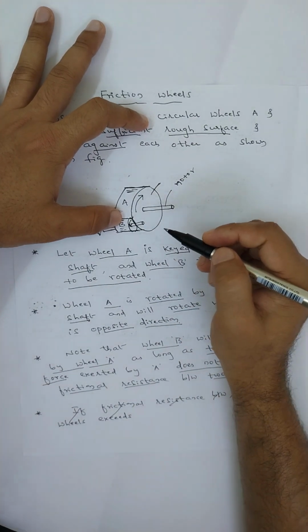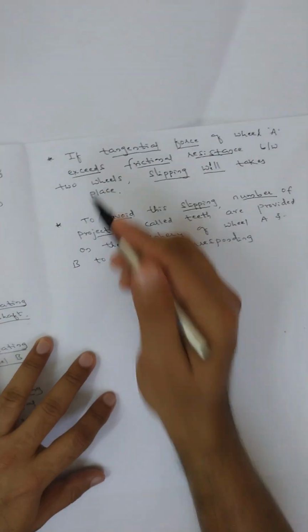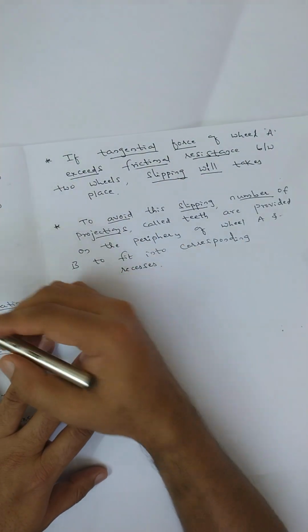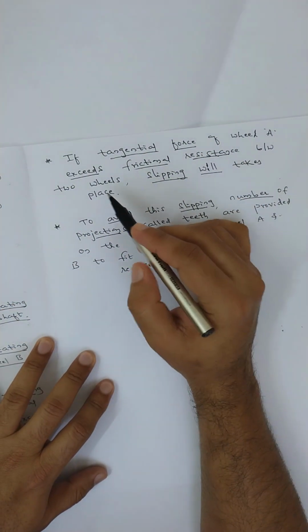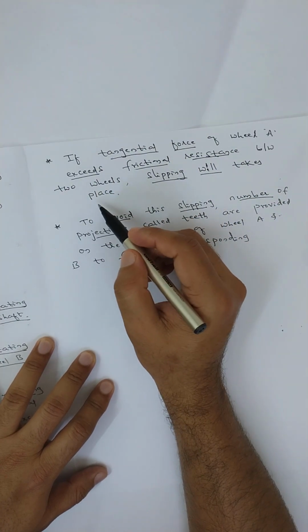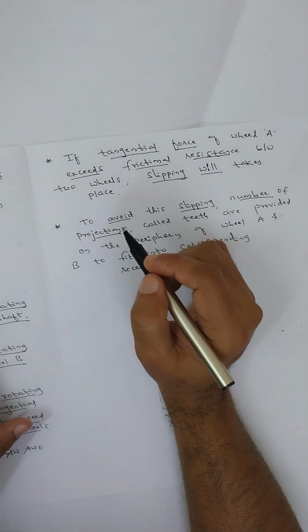If the tangential force of wheel A exceeds the frictional resistance between the two wheels, then slipping may occur. This is the cause of slipping.